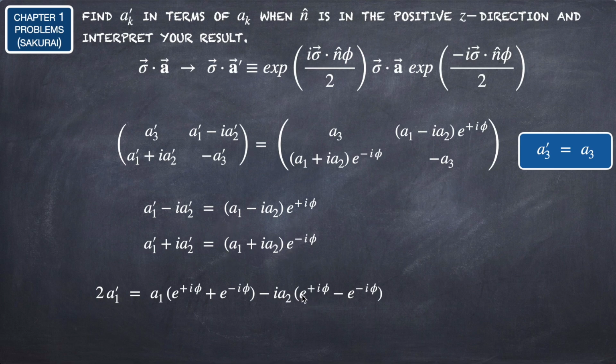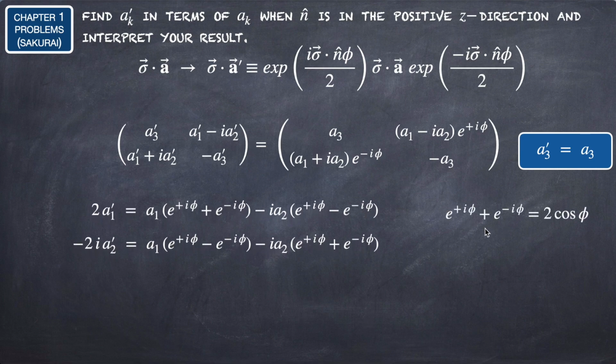So we will have the exponential with positive sign, but since we included minus as a factor, we will get this minus here, the exponential with negative sign. And when we subtract these two equations, we will eliminate A1 prime, and then the result is going to be 2 times minus i A2 prime being equal to A1 times the difference between these two exponentials, minus i A2, and here we will get the sum of these two exponentials.